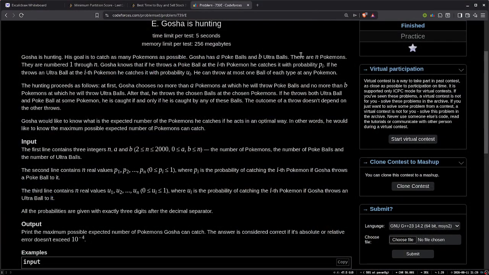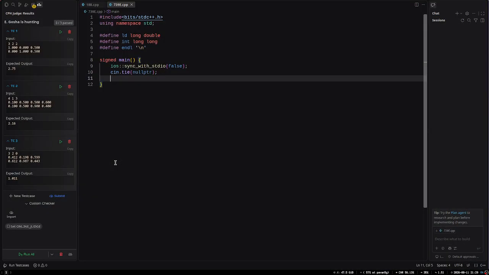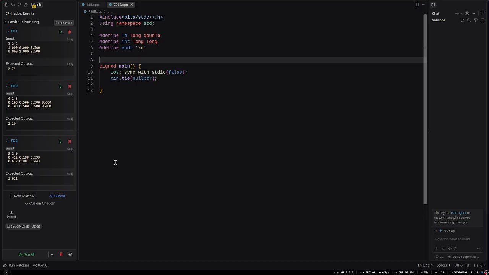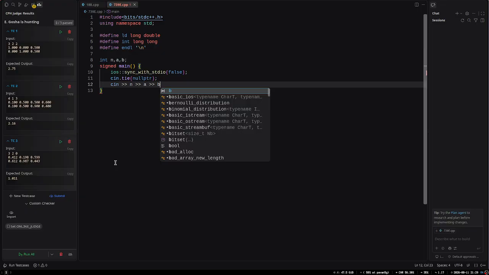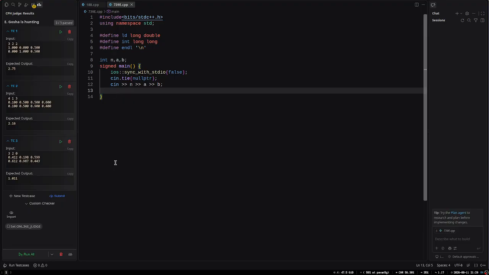What is the first thing? It is n, a and b, so it's the number of Pokemons. Let's take them outside, int n, a, b. And we have the probabilities given. The probability of catching the ith Pokemon with a Pokeball, the probability of catching the ith Pokemon with an Ultra Ball, right?